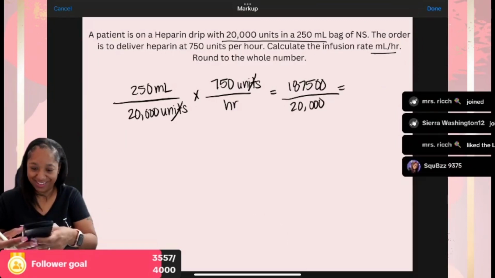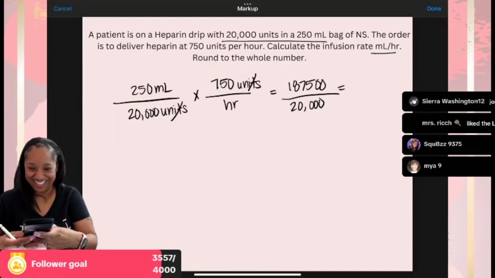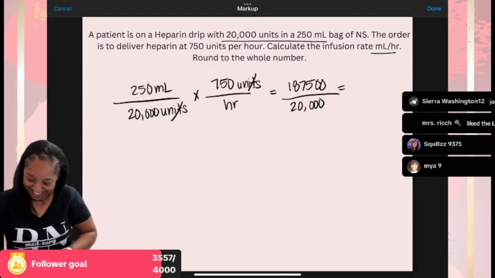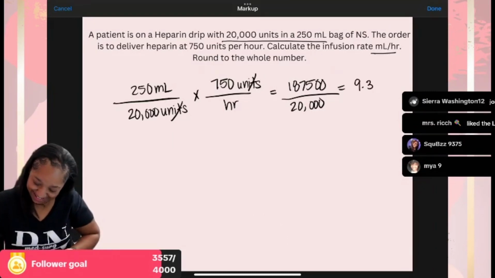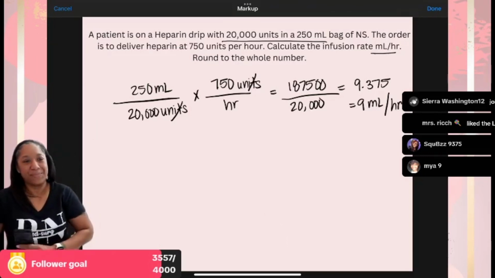I froze for a minute. I'm sorry. And it's going to be 9.375, and we round to the nearest whole number, so 9 milliliters per hour.